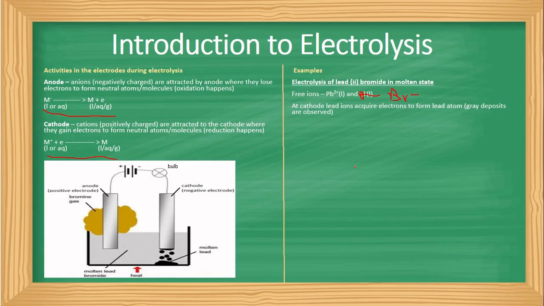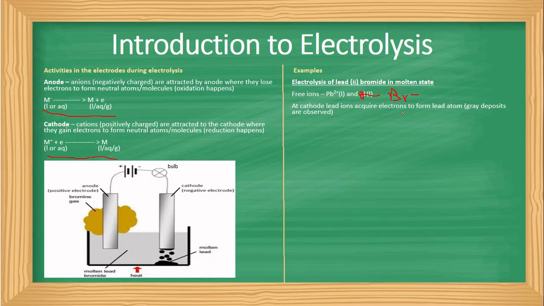So what happens at the cathode? Remember, the cathode is the negative electrode. So at the cathode, lead ions will be attracted there because they are the ones that are positively charged. Remember, the cathode is negative, lead ions are positive, so positive will be attracted to the negative. They'll go there and acquire electrons. Once they acquire electrons, they become lead atoms. So what will be observed there is specks of gray metal.